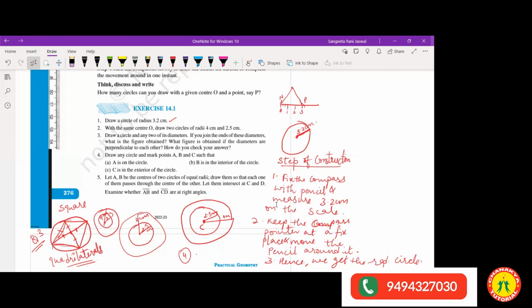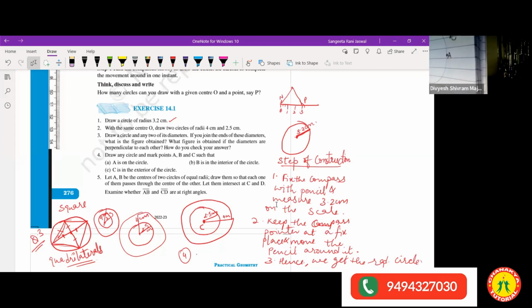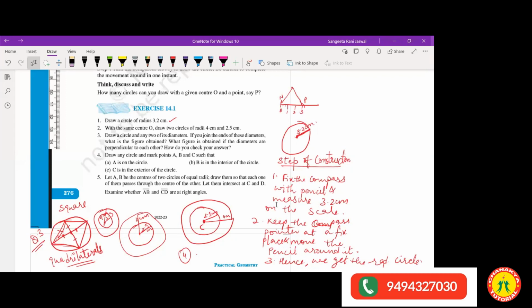Divesh, you have taken B as the center point. Yes, ma'am. It should be different from the center, and B is only in the interior. Although the center is also in the interior, we are taking a point different from the center.